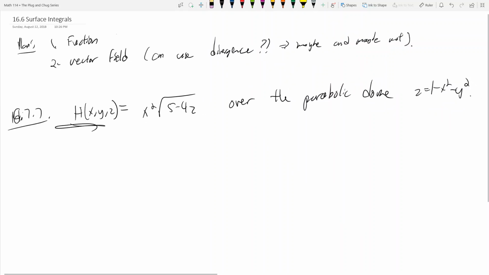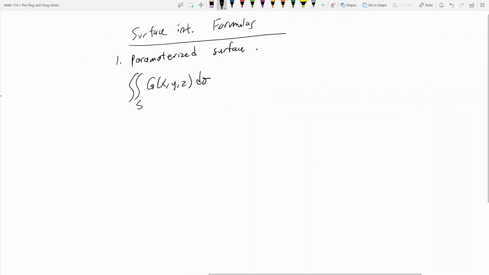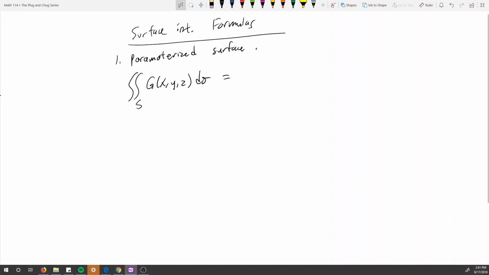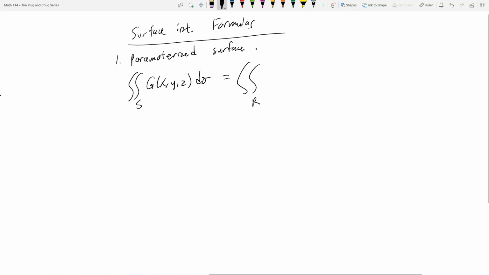H is just the name of the function, and in this general form we'll call it g. Then the double integral of g of x, y, z d sigma is equal to the double integral over R of g of f of u, v, g of u, v, h of u, v, times the magnitude of r_u cross r_v, du dv.